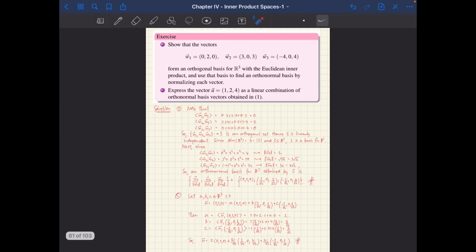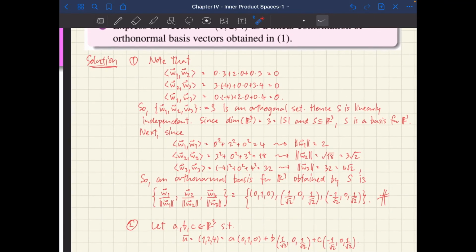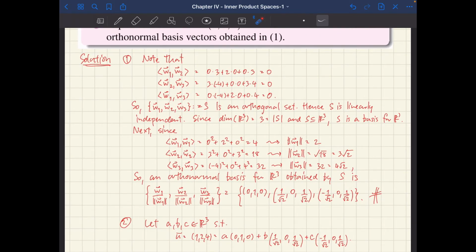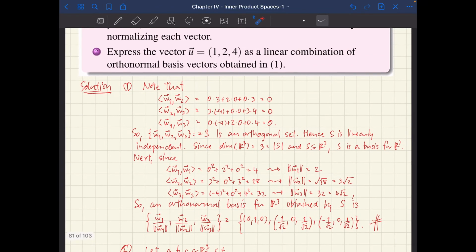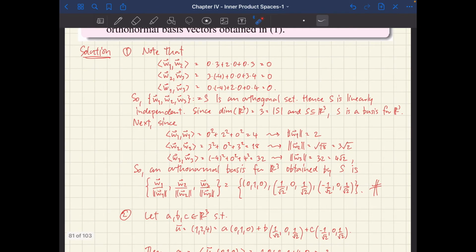The solution is very easy: we find the inner products of W1 and W2, W2 and W3, and W1 and W3, using the Euclidean inner product because the problem gives it. Each of these inner products is equal to 0.